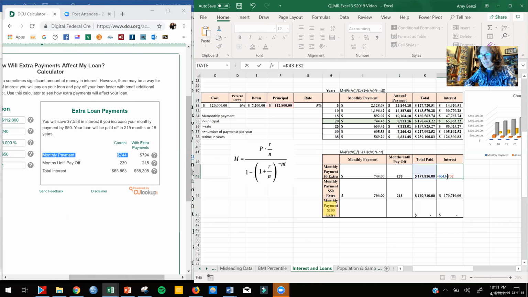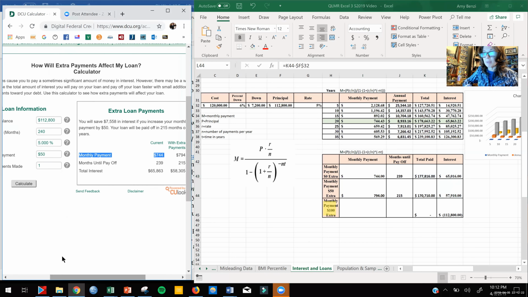I did not lock in my principal amount, and if I want to drag things around, I have to do that. All right, so now I can see that I'm only going to pay $5,700 in interest, and I'm going to just pay $7,000 less in the long run. So that's a pretty good difference.